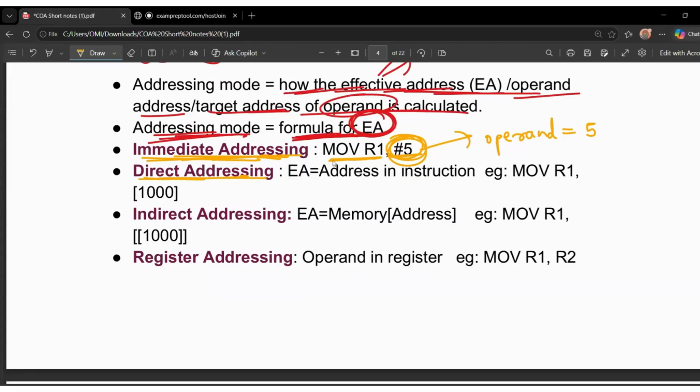What is the direct addressing mode? The effective address, which means the address of the operand, will be the address in the instruction itself. If this is the instruction, this will be your address.